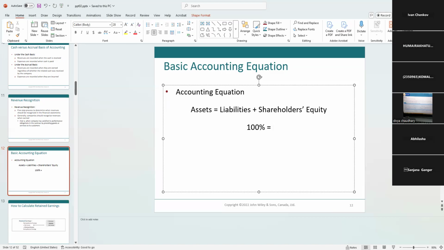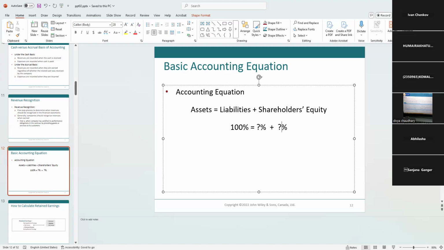If on one side of the equation you have 100%, obviously on the other side you also have 100%. But now that 100% comes from two things: liabilities and shareholders' equity. So the question is, how much of that percentage is liabilities, coming from the creditors? And how much comes from the investors?